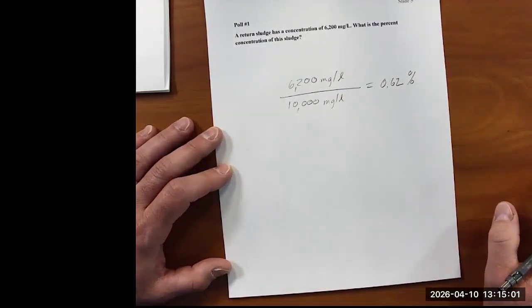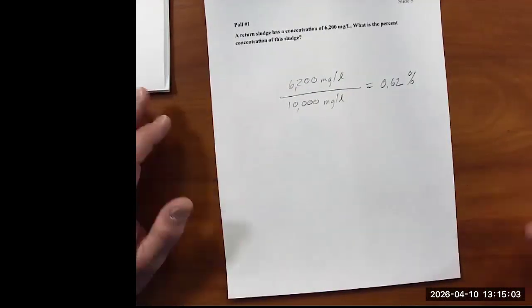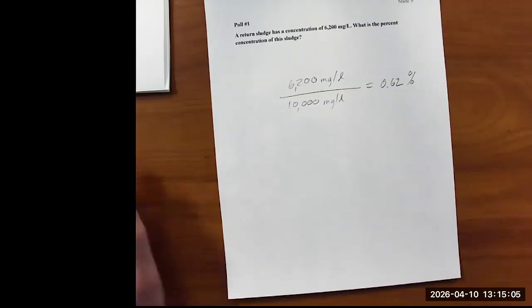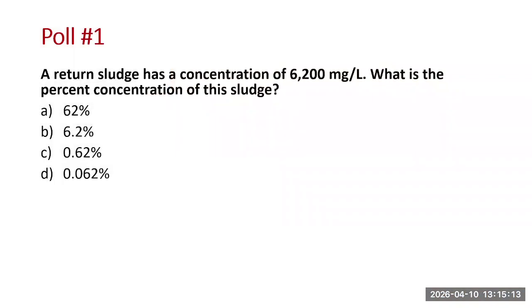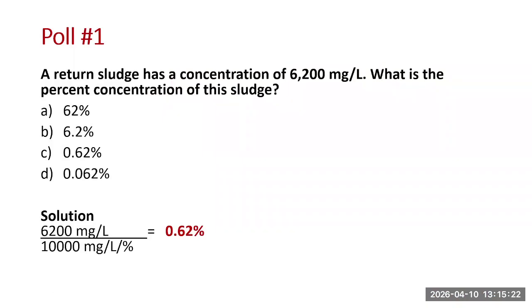So that is what the vast majority of people had for the answer. All right, so we'll move back to the slides. I will stop sharing the results. And as you can see here, 6,200 milligrams per liter divided by 10,000 milligrams per liter equals 0.62%.